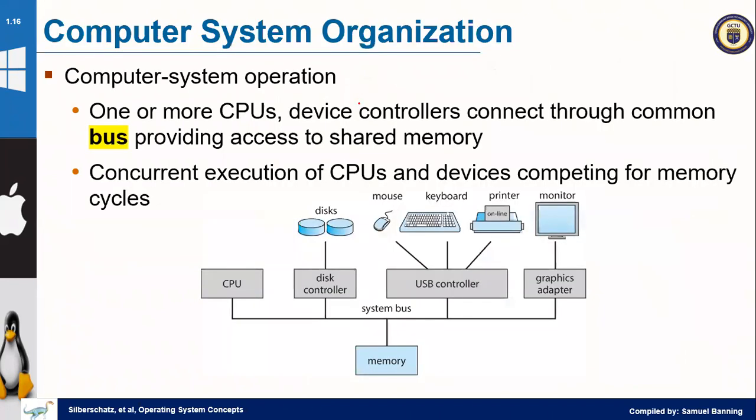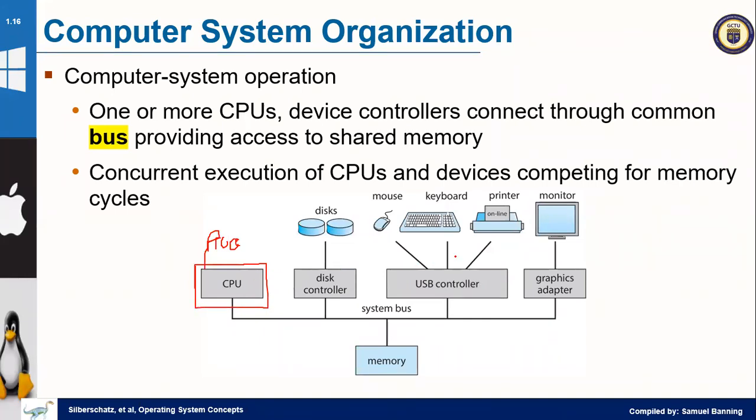Now, if there are no questions, then let's look at the structure of a computer system. If you take every computer system, you have one or more CPUs. By this CPU, we mean the main processor of the computer system. CPU can be one, can be two, it can be three.